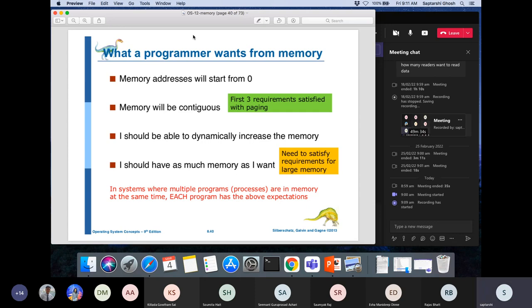Now, with more and more complex programs being written and new kinds of technologies coming in, programs require huge amounts of memory, often a 32-bit address space. That means 2 to the power 32 bytes of memory is required. Often even more, like a 64-bit virtual address space. That means 2 to the power 64 bytes of memory is required.